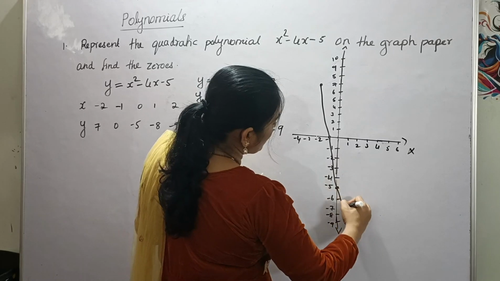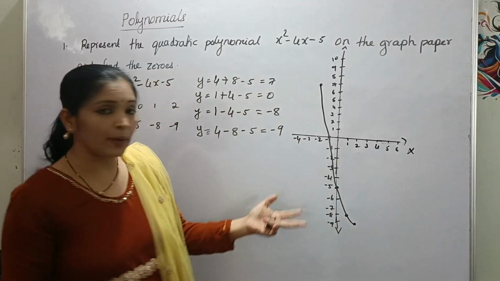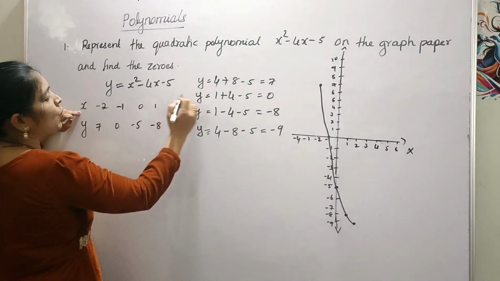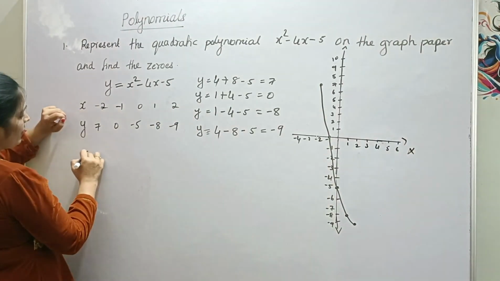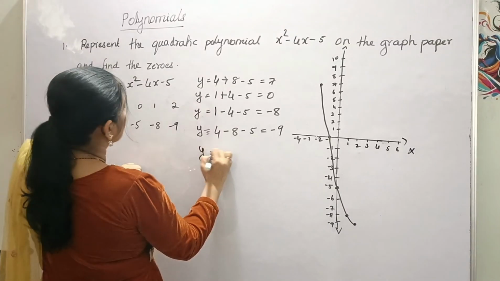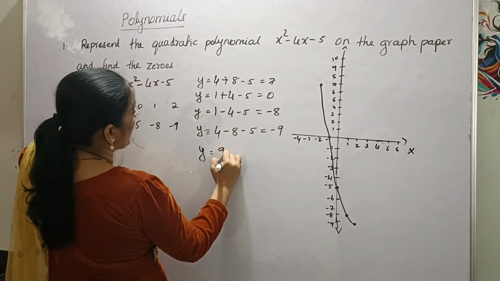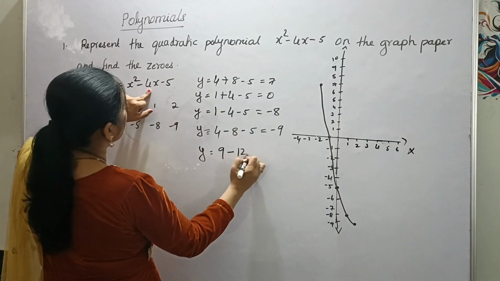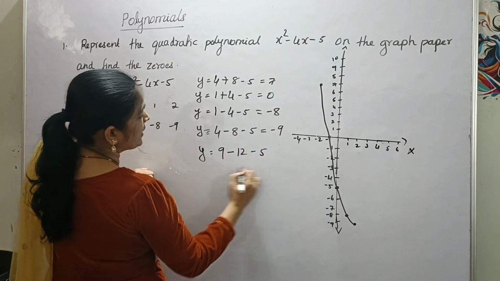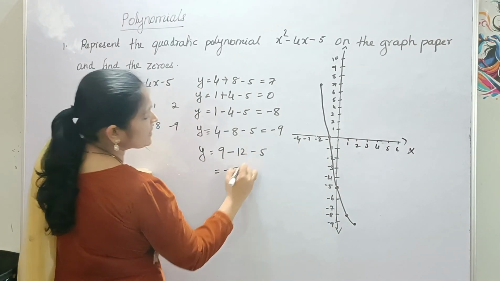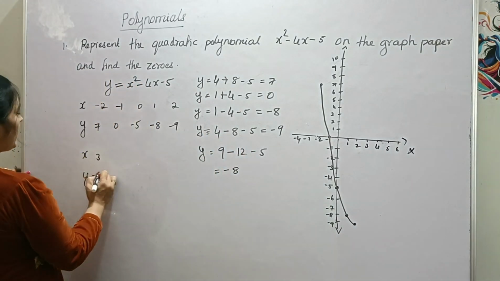So some more points we have to find. Okay, it is not completed a parabola. So let's take some more points. When x is equal to 3, y is equal to 3 square, 9, 9 minus 3 into 4, 12, minus 5, that is equal to minus 8.